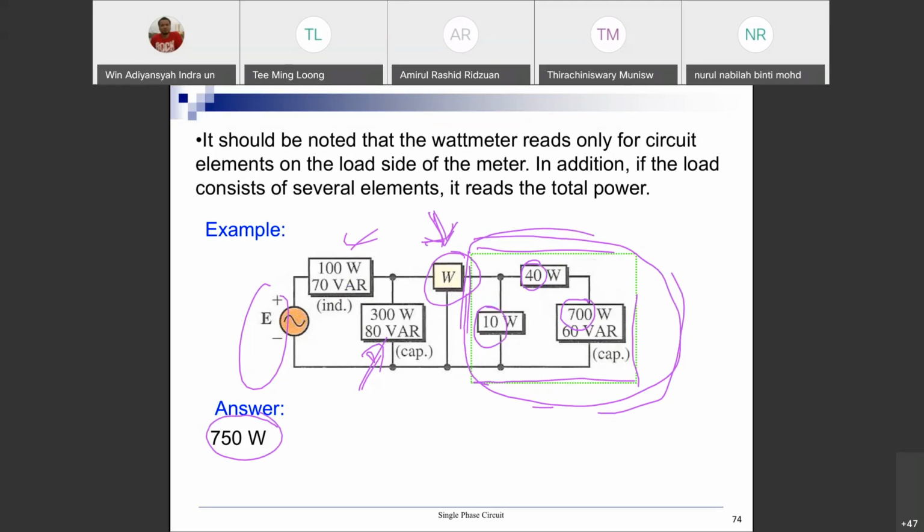Okay, if you put the wattmeter here, for example, in here, the wattmeter, so what will be the total reading of the wattmeter? So this one is 750, right? So plus 300 plus 100, right?